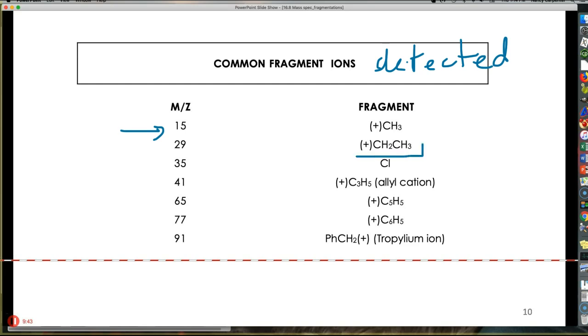If we have not the ethyl radical but the ethyl cation, well, that'll show up at 29. So as you look at these charts, you will start to recognize certain structural fragments that give you a clue as to what might have been in your original molecule.